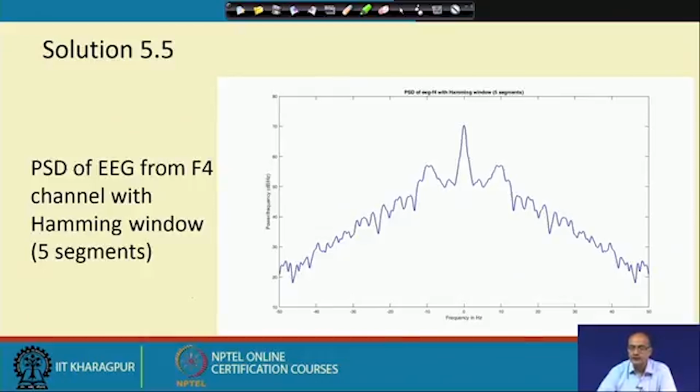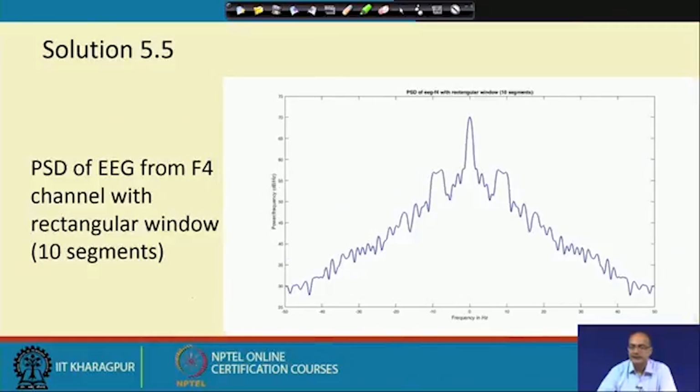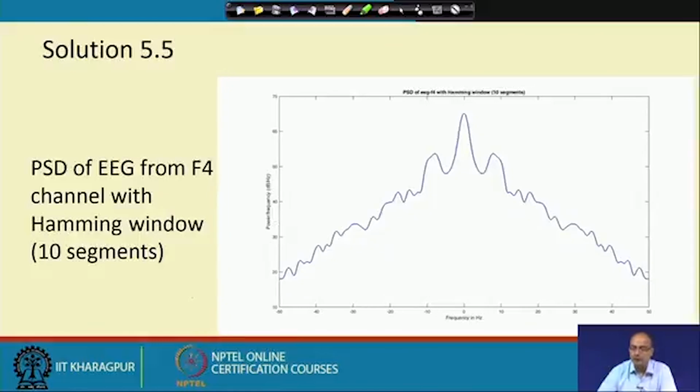When we go for 10 segments, the rectangular window is more smooth compared to the 3 and 5 segment cases. When we change from the rectangular window with 10 segments to the Hamming window with 10 segments, we get an even more smooth PSD.